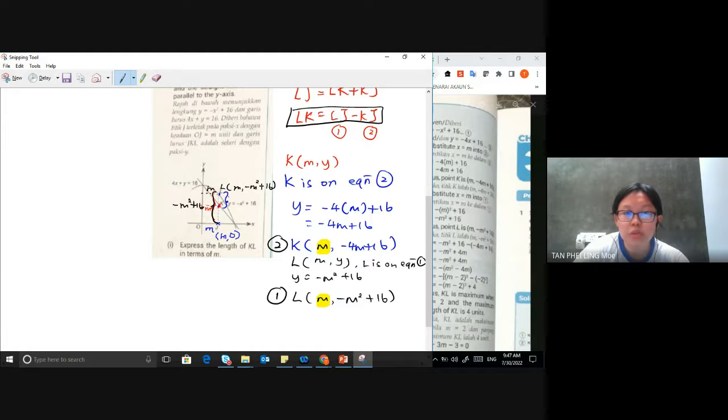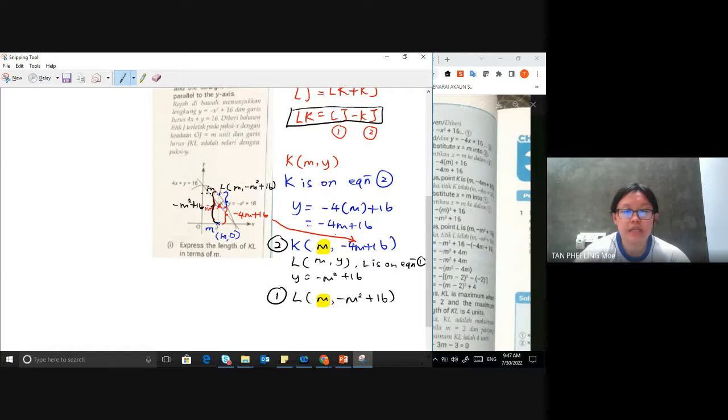Then now you want to find LK, so you have to minus out this red color part. This red color part is where your K is. So this distance here is the Y coordinate of your K, which is negative 4M plus 16. Agree? Which is the Y coordinate here.